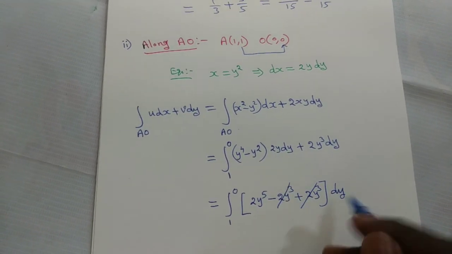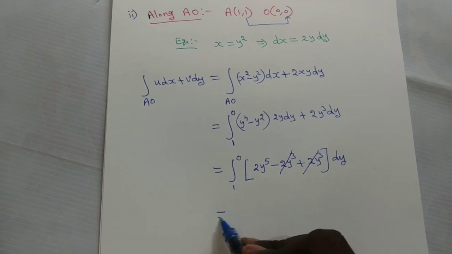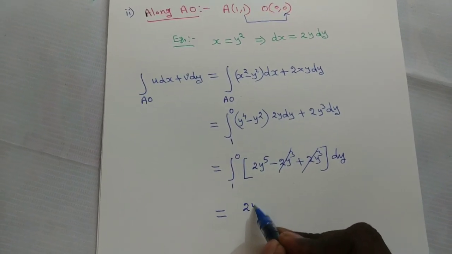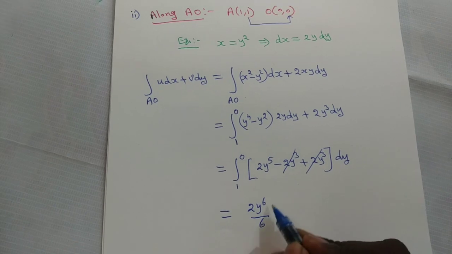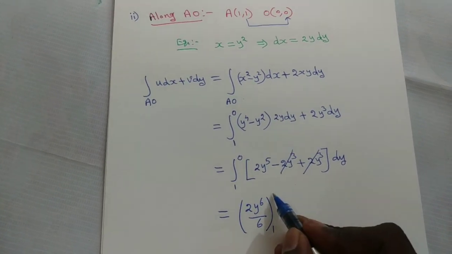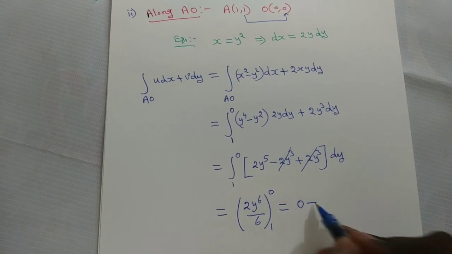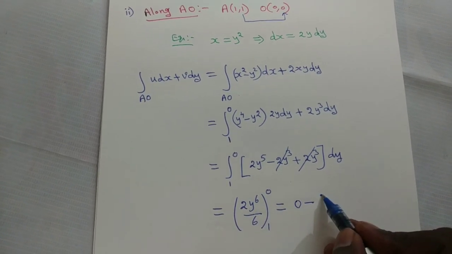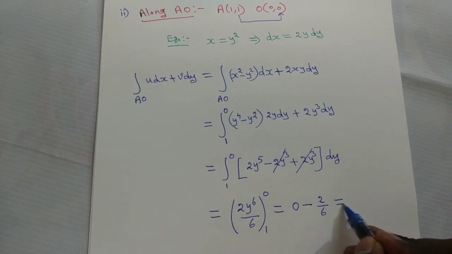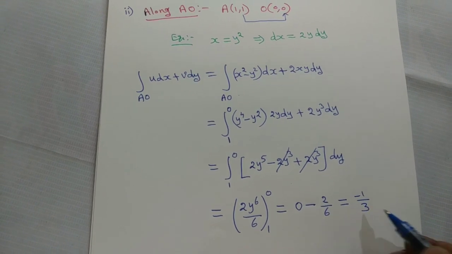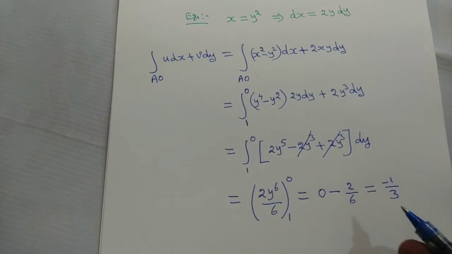So this and this cancel. The integration of 2y power 5 is 2y power 6 by 6, limit 1 to 0. Substituting the upper limit 0 minus substituting the lower limit, 2 by 6. So it is minus 1 by 3. So this is along AO.